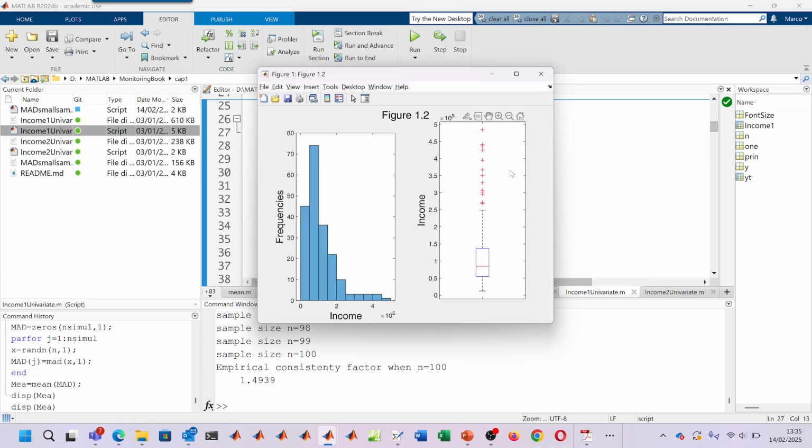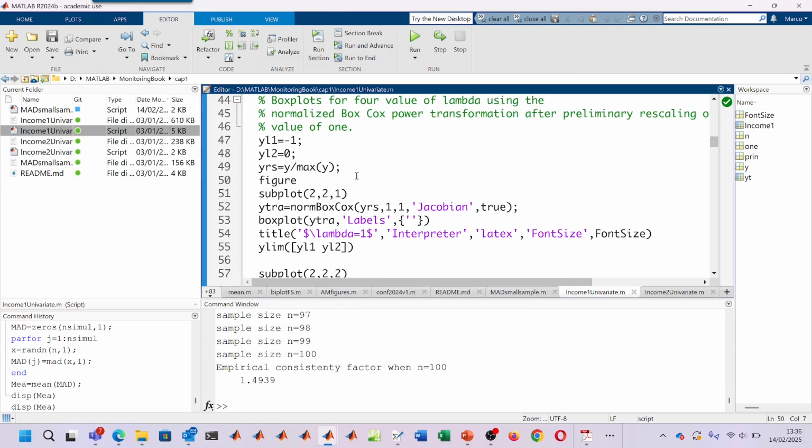This is mainly due to the fact that the data are right skewed. Given that these are income data, it is likely that these data have to be transformed in order to get to something like a normal or symmetric distribution.